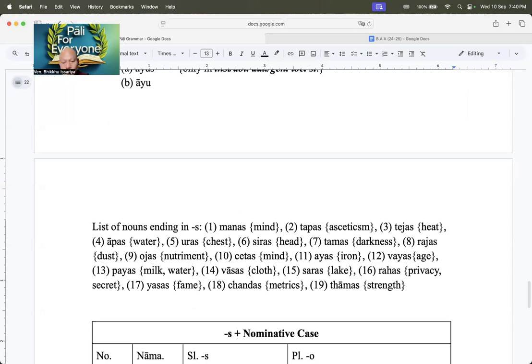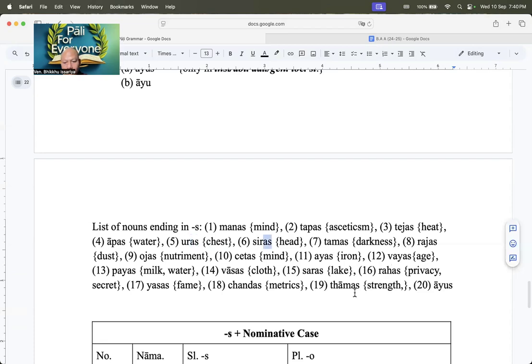So here we have 19, but we have the other one. All of those end in as: manas, tapas, tejas, apas, uras, siras, and so on.